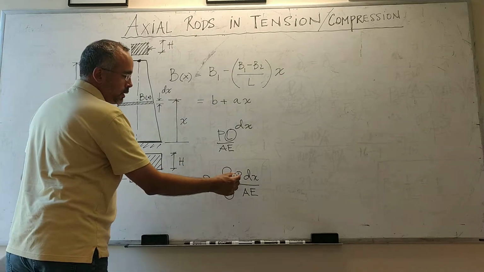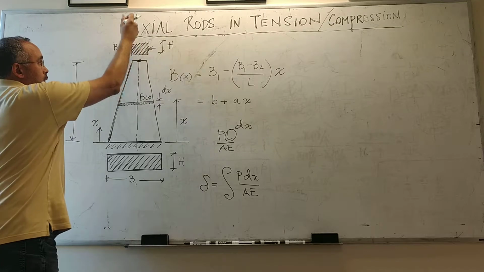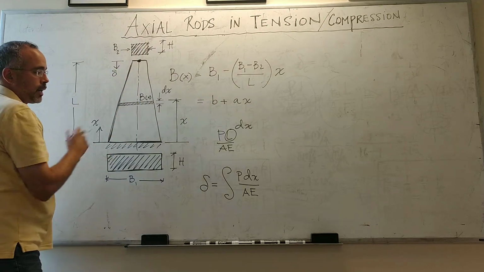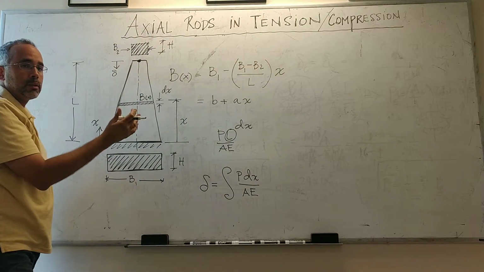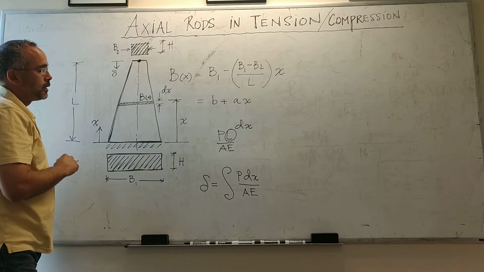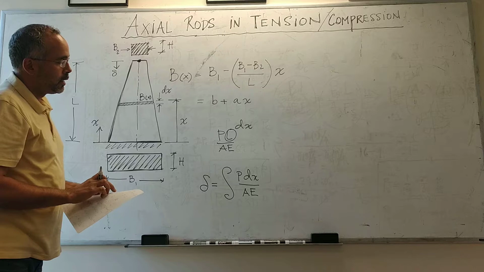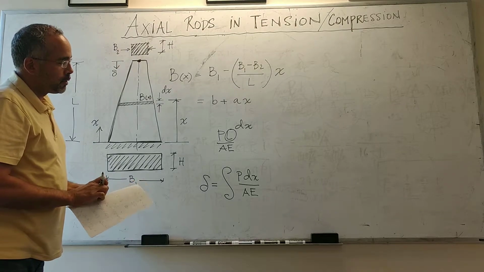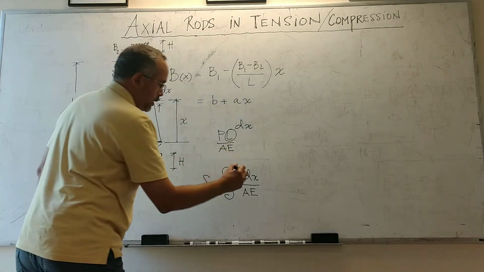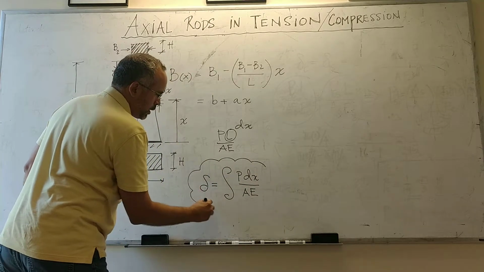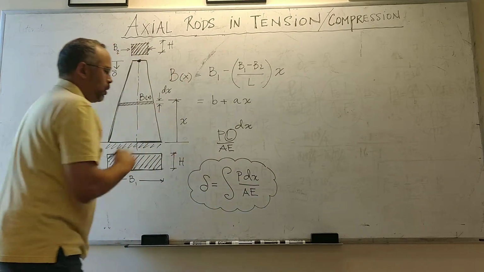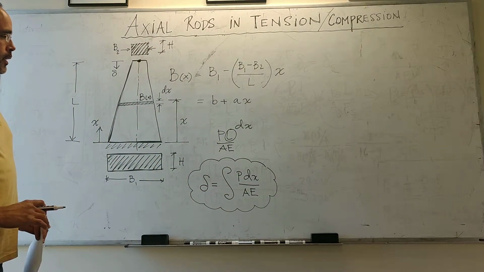P is constant because the axial load is constant throughout the height, assuming that we neglect the self-weight of the rod. We are going to deal with that later. And so this integral is our key equation to solve this problem.